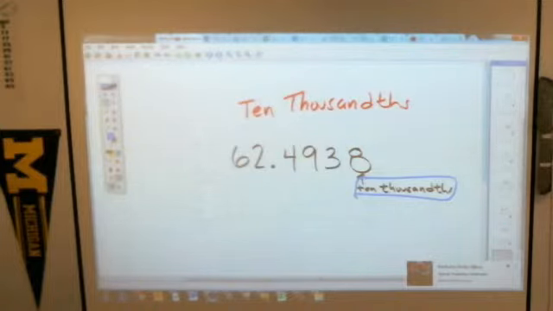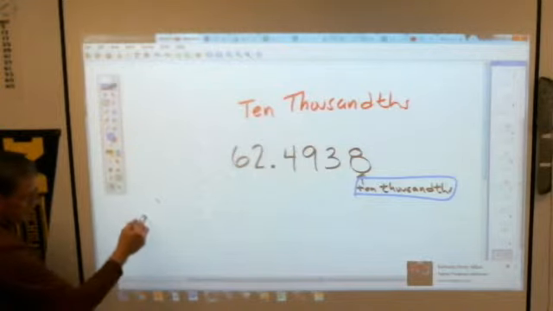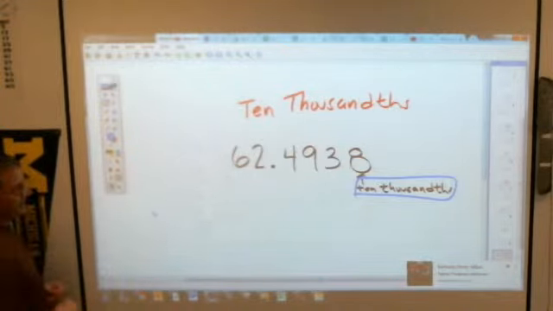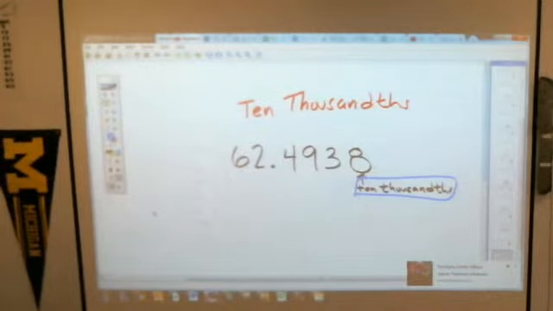This is about a thousandth of it, and then I have to cut that again. I can't even do it. It would be no bigger than that dot right there, which would be about a 10,000th of a piece of paper. That is how small that is.